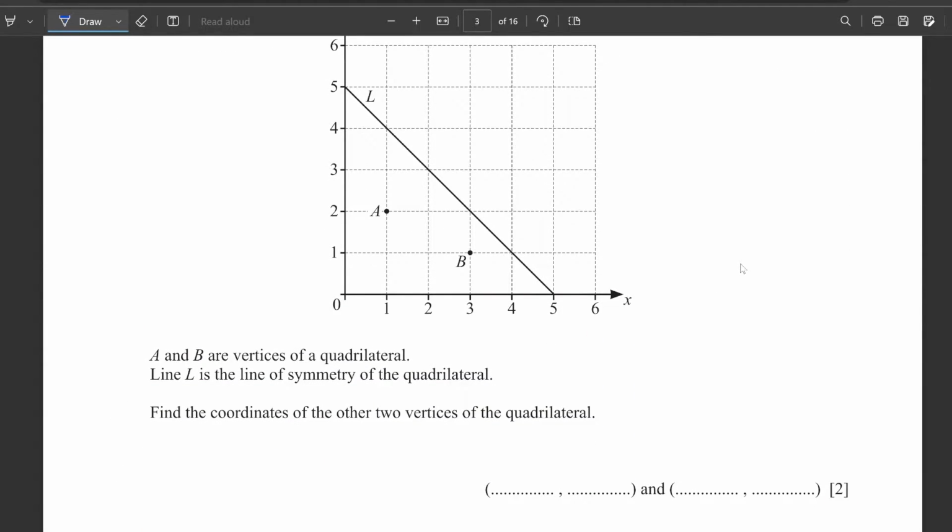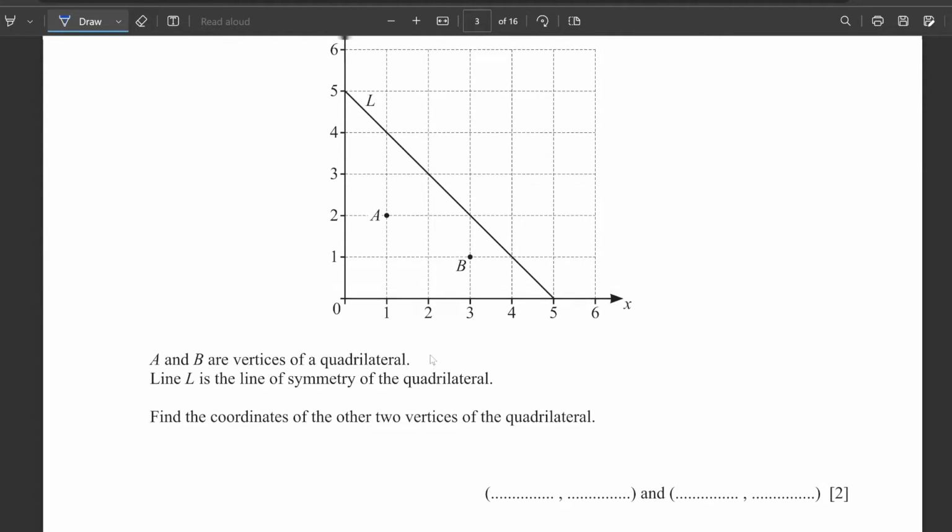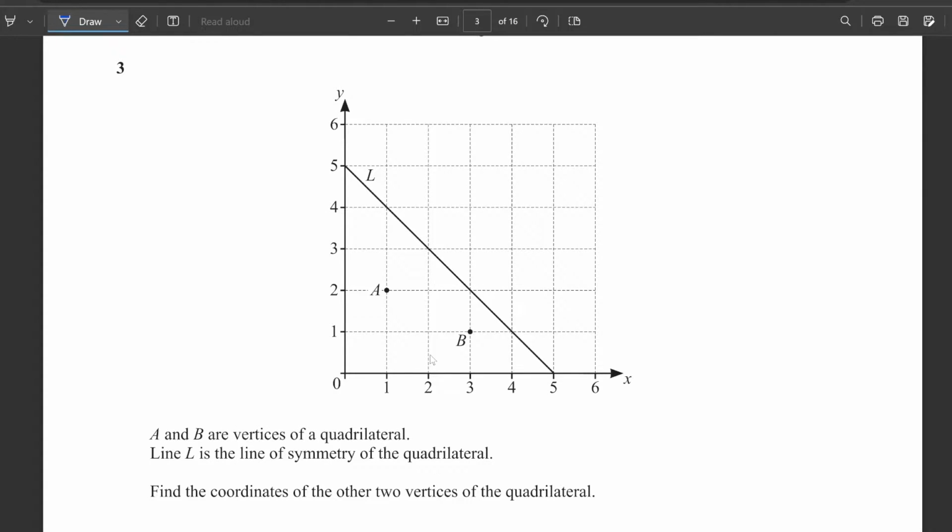Now let's talk about question number 3. A and B are vertices of a quadrilateral. Line L is a line of symmetry of the quadrilateral. Find the coordinates of the 2 vertices of the quadrilateral. They want you to find the other 2 vertices of this quadrilateral. So you see, this is the line of symmetry. B is over here, so the other vertex will be right across it here, 1 unit up.